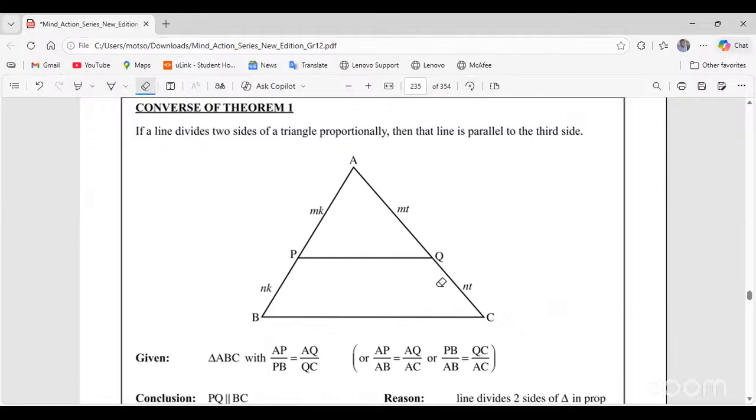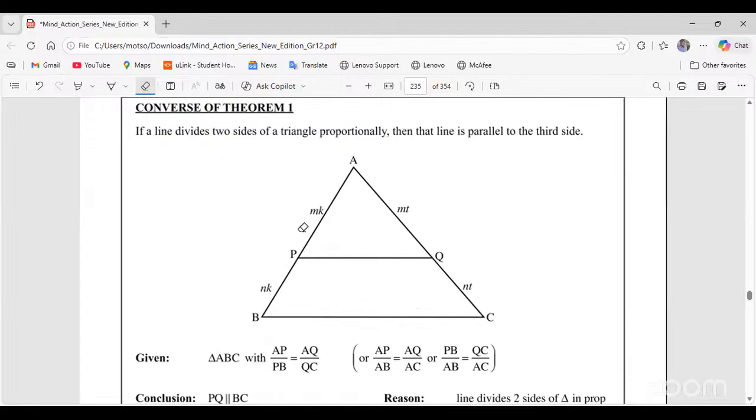you are given that you have the ratio on this side that AP over PB is equal to AQ over QC. Or you can just play around the proportionality theorem, just like you did before.